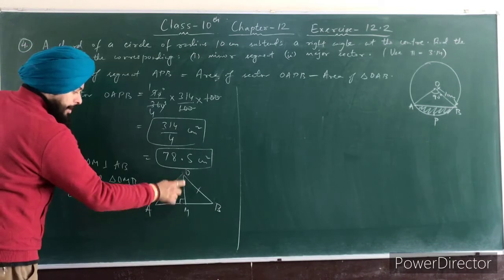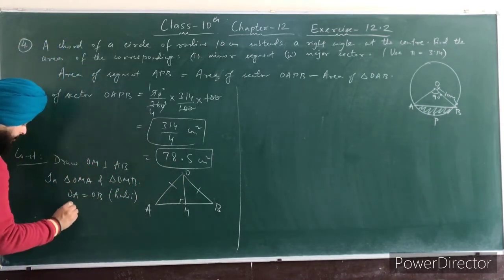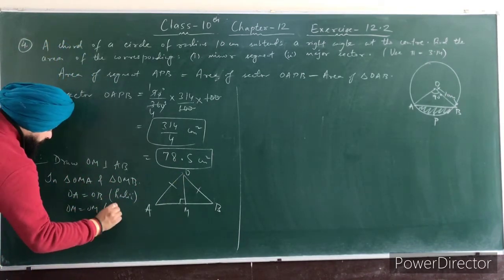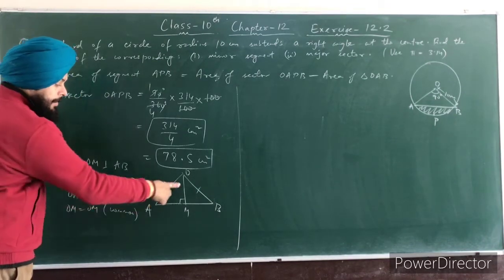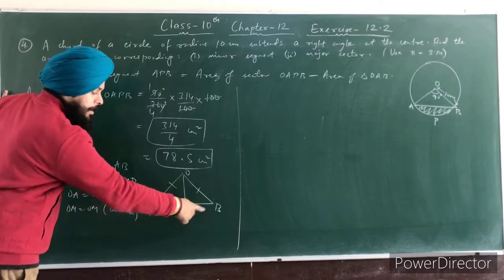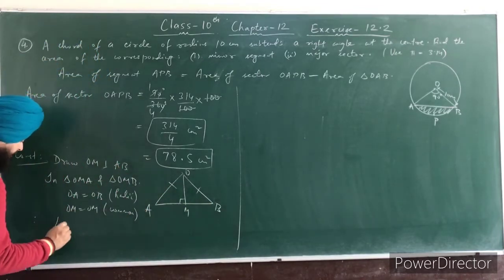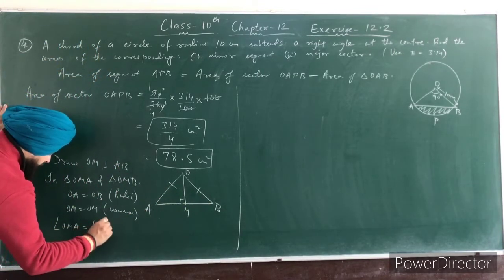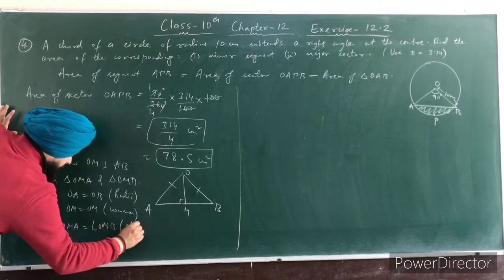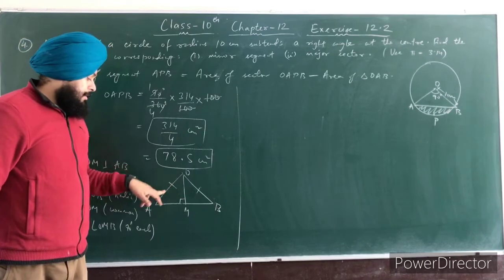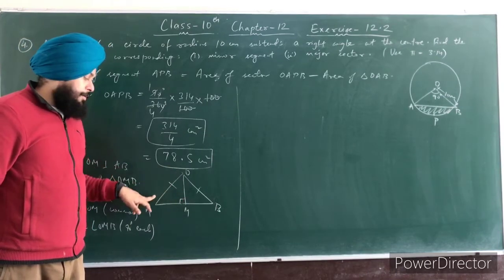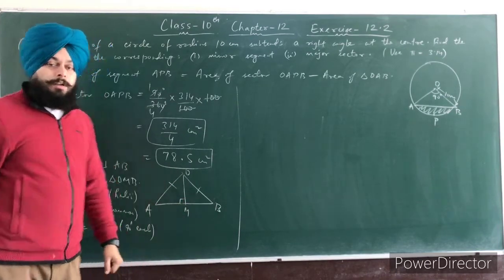Then OM is equal to OM, common side. The third one is angle OMA is equal to angle OMB, 90 degrees each. So by which rule? This is right angle, this is hypotenuse, this is side. So by RHS, the triangles are congruent.